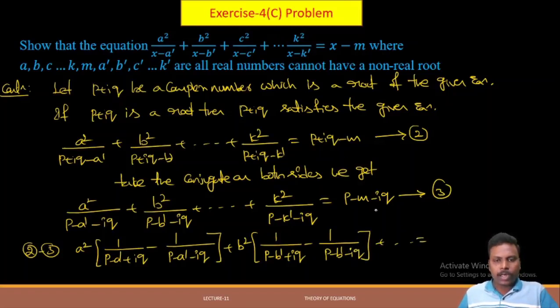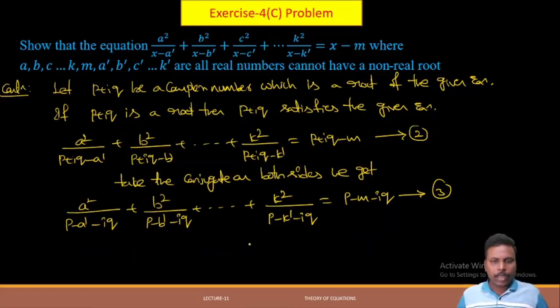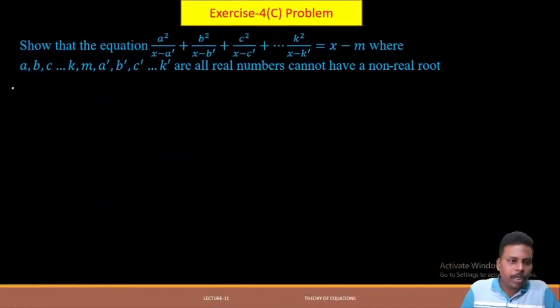If I subtract these two, p gets cancelled and m gets cancelled, this becomes 2 into iq. Okay, let us continue the problem here. Here is the continuation.